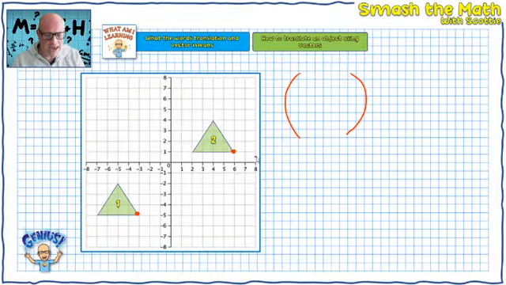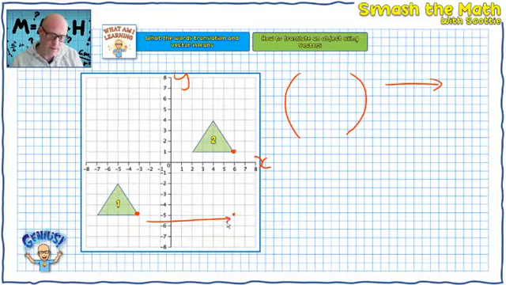We're going to start with the x-axis first. So we're going right. So 1, 2, 3, 4, 5, 6, 7, 8, 9 to get there. And I've gone right, haven't I? So I've gone this way. So that's positive. I'm adding on each time.